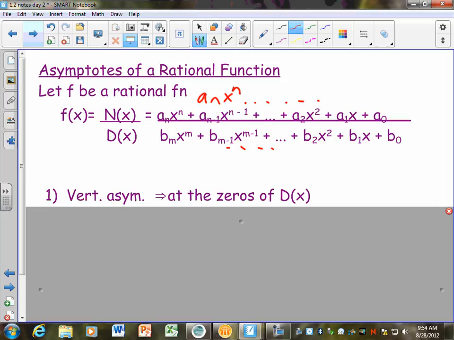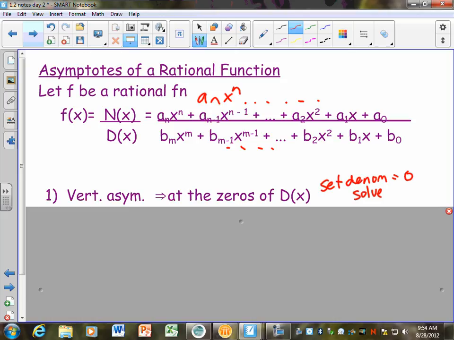How did I know to make a dotted line? Vertical asymptotes are always at the zeros of the denominator. So set the denominator equal to 0 and solve it, and you will always have your vertical asymptotes. That's also what your domain is, like the opposite of the vertical asymptotes.